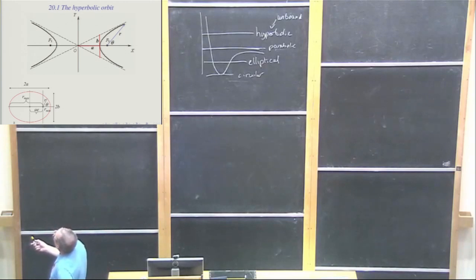Again, we have two foci here and here, but the orbit, rather than going around there, is in this direction. And you have the possibility of one here also.